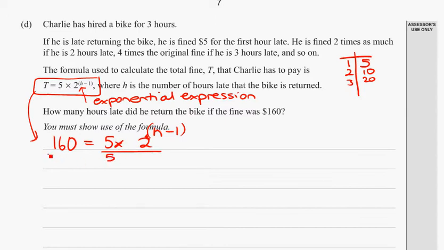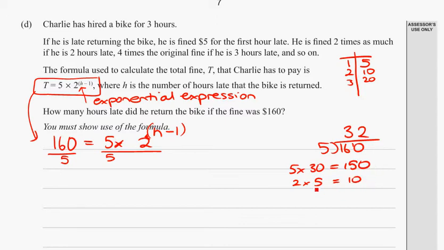So we can divide both sides by 5. 5 into 160, not easy. 5s into 16, 3 5s are 15, carry the 1, 5s into 10 go 2. You might know that 5 times 30 is 150, which is close to 160. You'd need 2 more lots of 5, wouldn't you, to get the 160. So altogether you'd need 32 lots of 5.